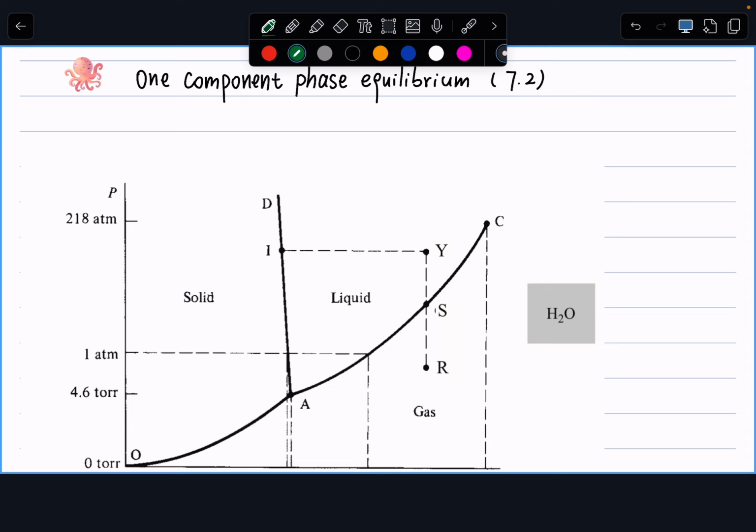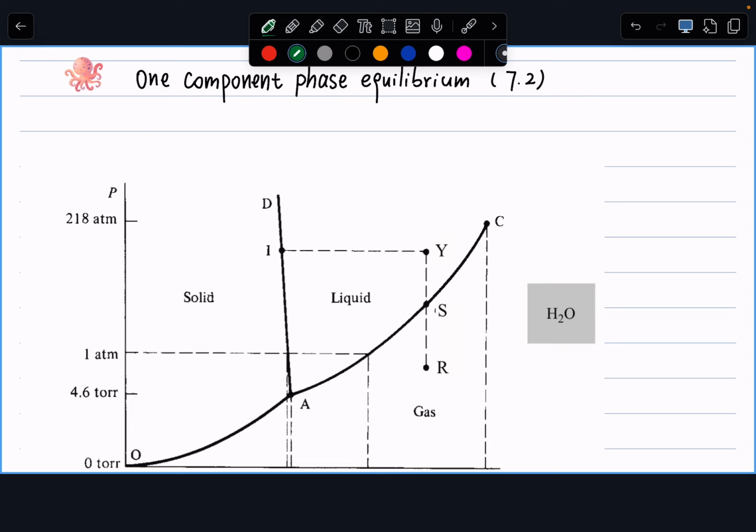In this case, if my F equals 0, that's like my temperature and pressure being set, then we have 1 minus P plus 2 equals 0, so my P equals 3. This connects back to our phase diagram.